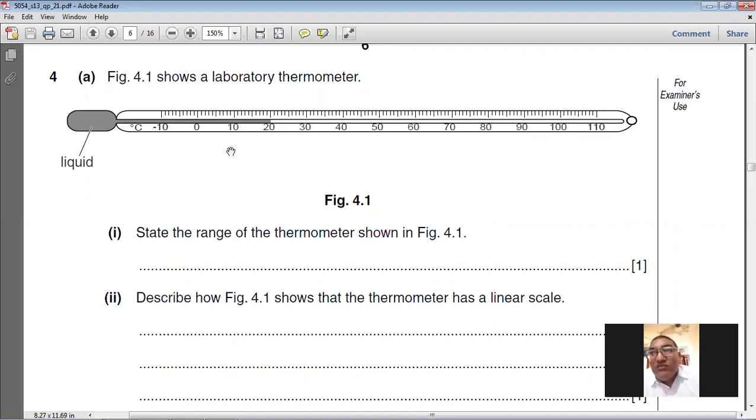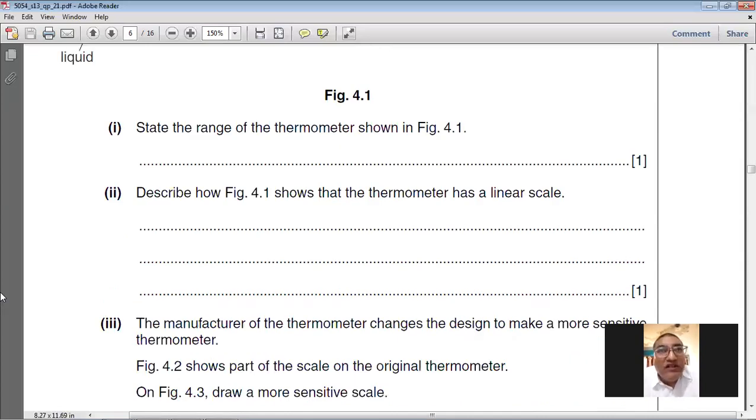Maximum value minus the minimum value. So 110 minus minus 10, so it will be 110 plus 10 and the final answer will be 120 degrees centigrade. So the range is from minus 10 to 110, or you can also say the range is 120 degrees centigrade. Okay.